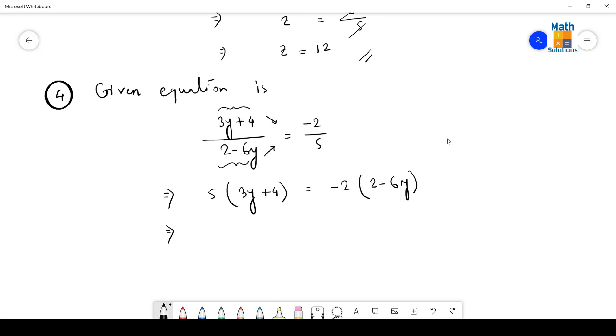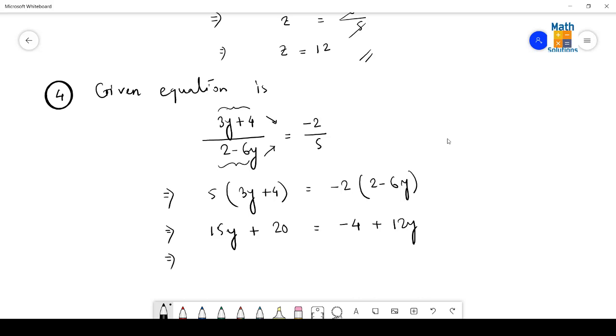In the next step, performing partwise multiplication, we shall be getting 15y plus 5 fours are 20, that is equal to minus 2 into 2 will be minus 4, then minus minus plus, 2 sixes are 12y.